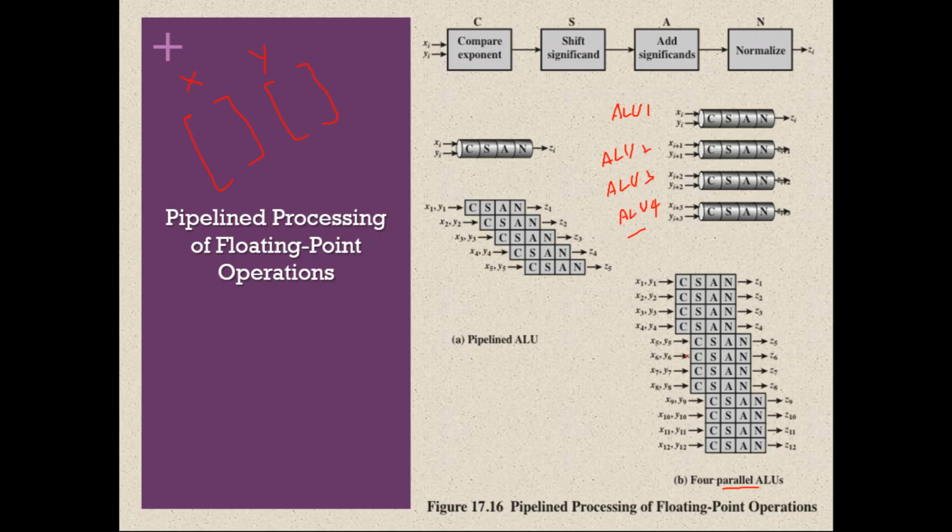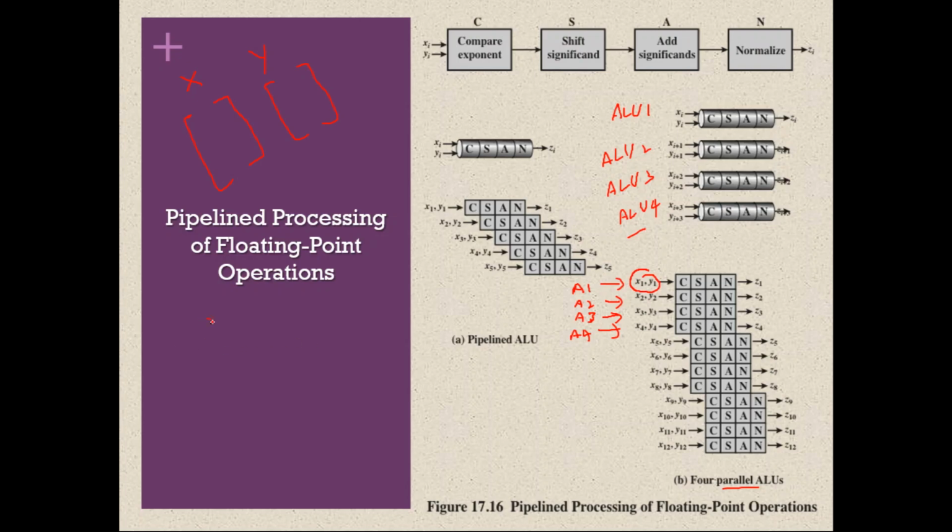So what we are doing here, you just observe. Actually, this represents the first ALU. I'll write here: this is ALU1, this is ALU2, this is ALU3, this is ALU4. So ALU1 is initially working on which instruction? X1, Y1.